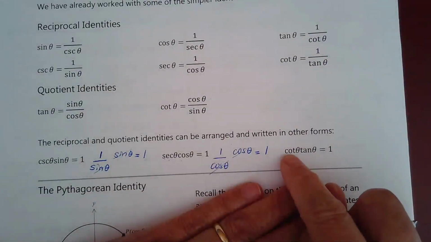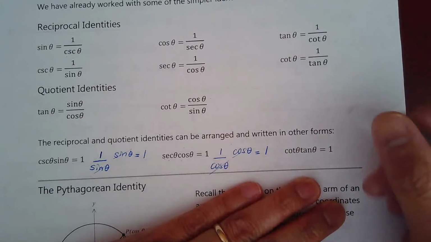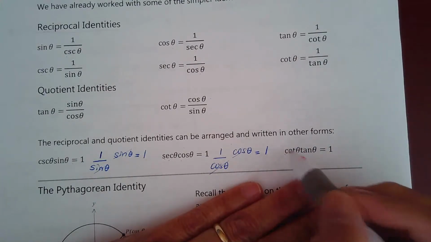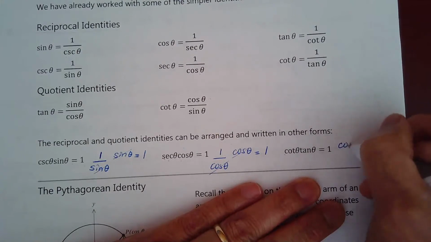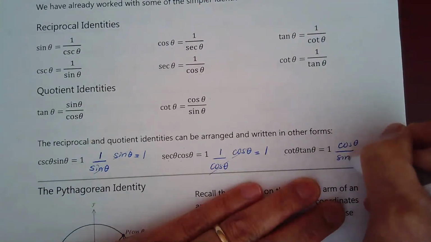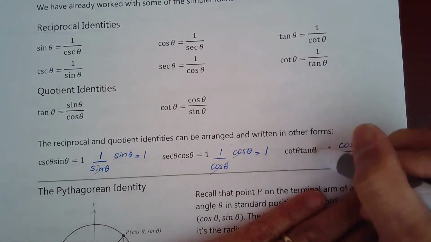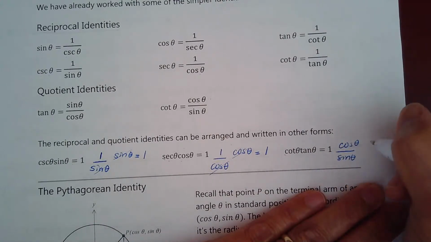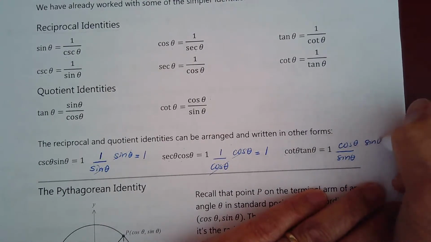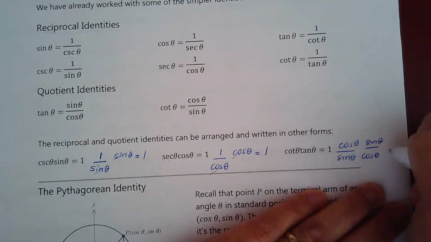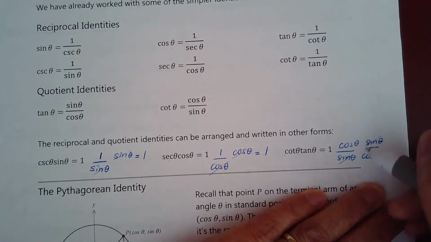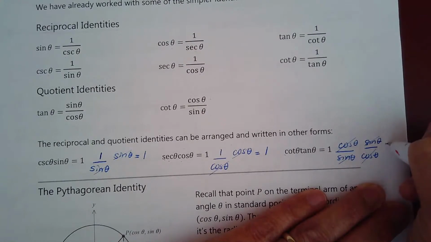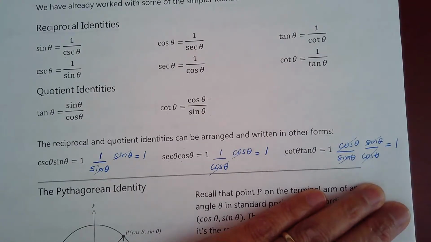Now cotangent is very interesting, because cotangent is cos theta over sine theta. If we multiply it by tangent theta, which is sine theta over cos theta, the sine theta in the numerator and denominator cancel, and the cos theta in the numerator and denominator cancel each other out, which is equal to 1.